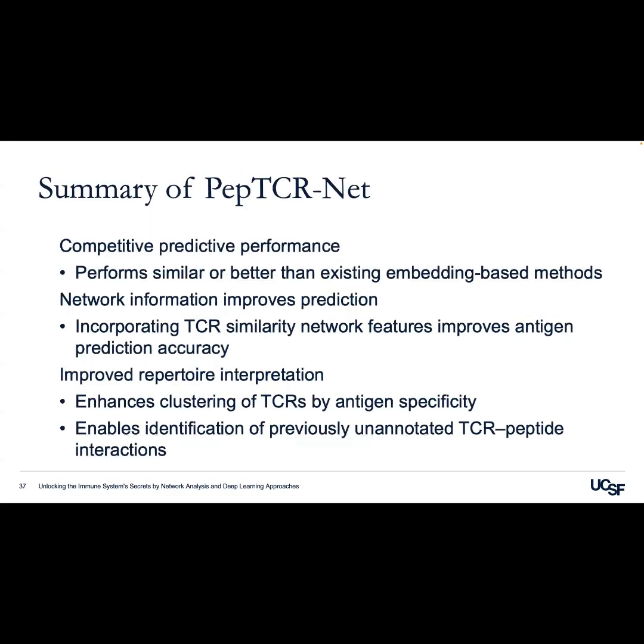To summarize, by using the PepTCR-Net method, we can achieve better prediction performance, nicely incorporate the network similarity into our embedding step, and scientifically identify those previously unannotated TCR antigen interactions, as shown in the previous slide.